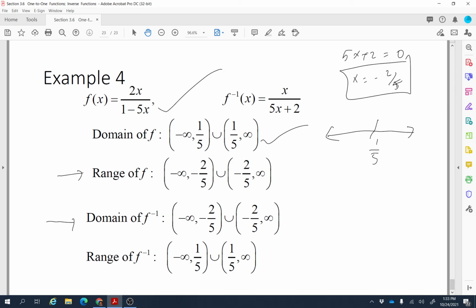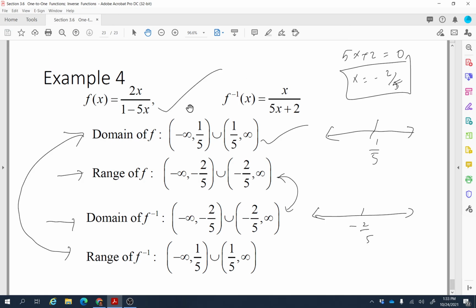So the domain of f inverse is everything except negative 2 over 5. Now, because inverse means just a switch, the domain of f becomes the range of f inverse, and the domain of f inverse becomes the range of f. You see that these two are equal and these two are equal. It's just switching.